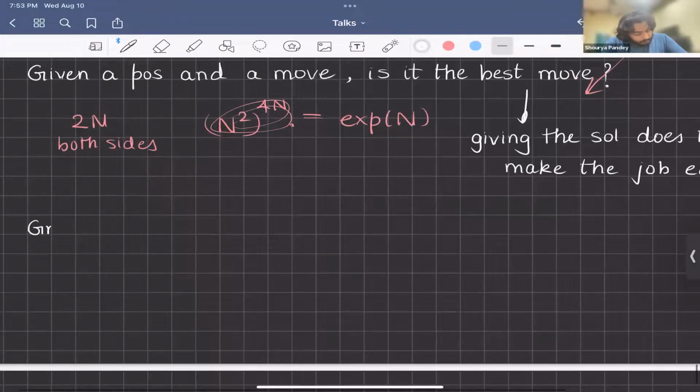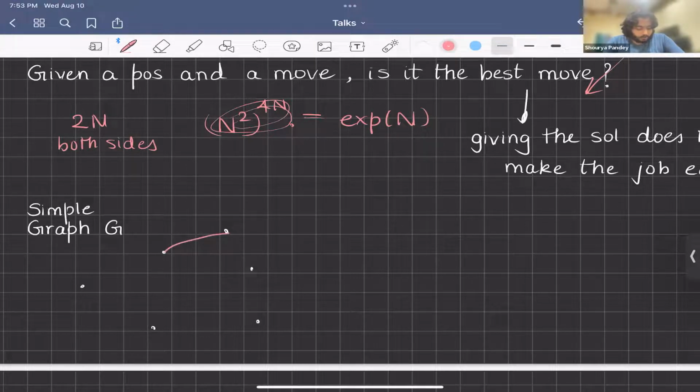I have a graph G. It's a simple graph. If you don't know what a graph is, it's just a collection of finite points, and then there are lines joining any two. There may or may not be a line between them. There's at most one line between any two, etc.